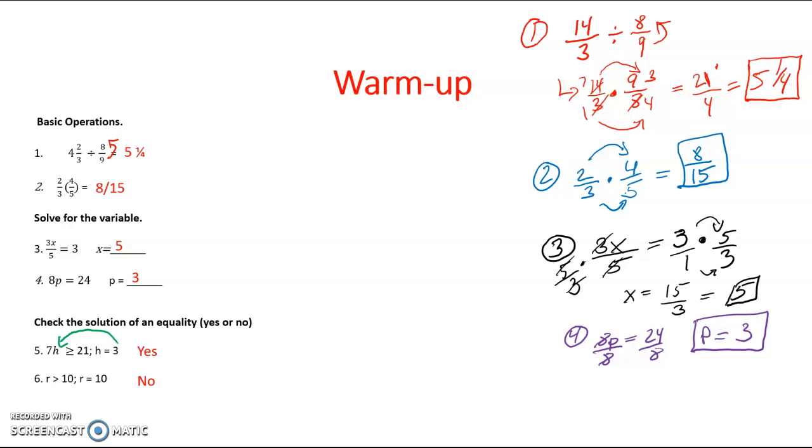So if I plug in that 3 in place of h, I have 7 times 3, greater than or equal to 21. That is true, so I have a solution.